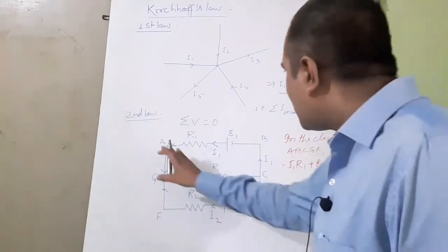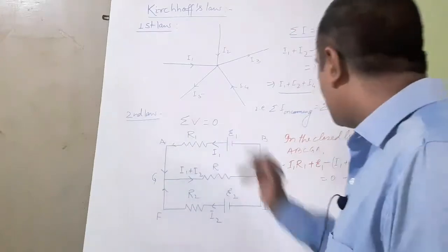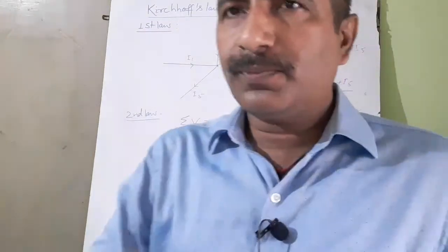Now let us apply the same rule to the loop ABDFA in the closed loop.